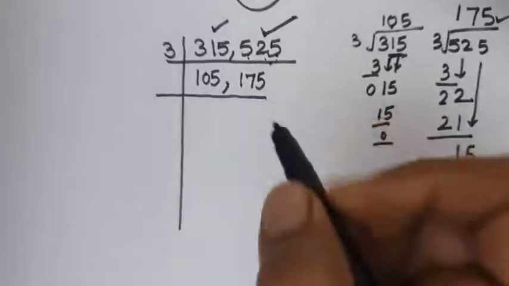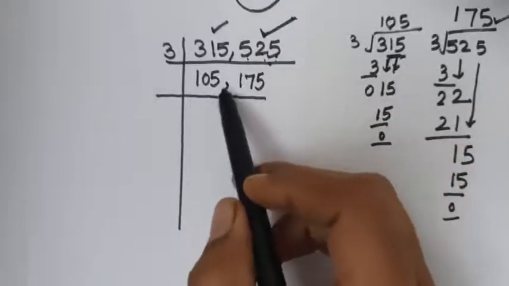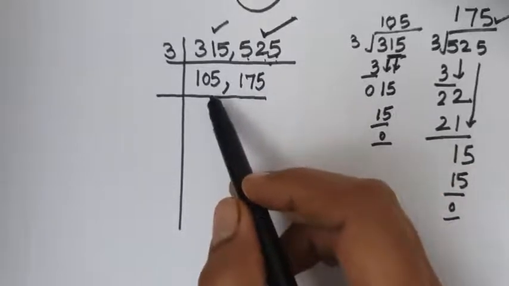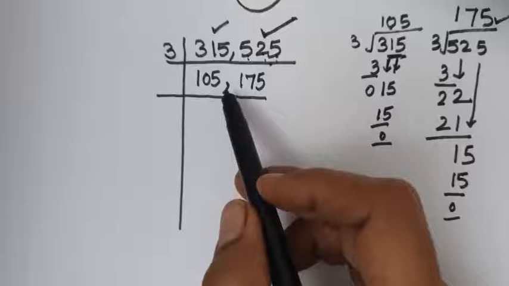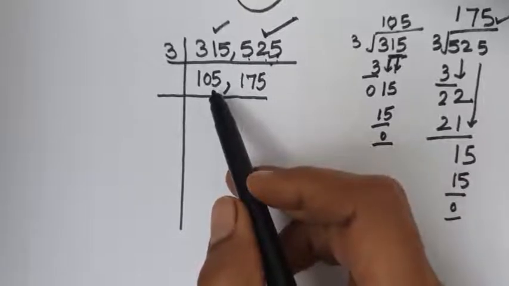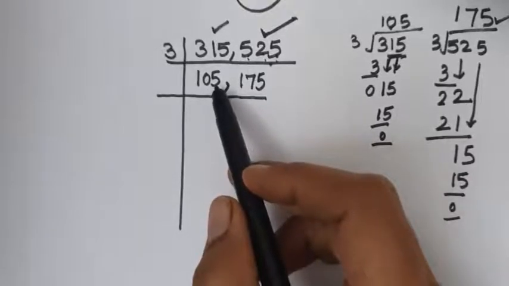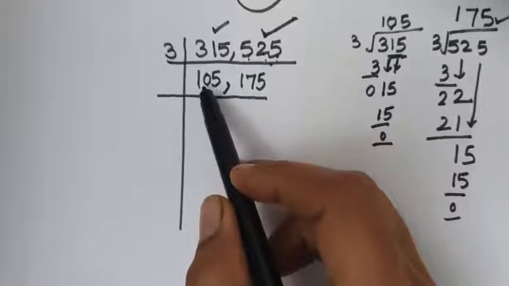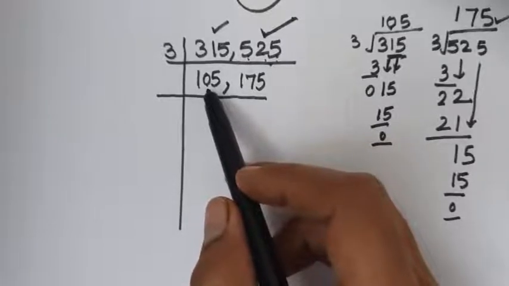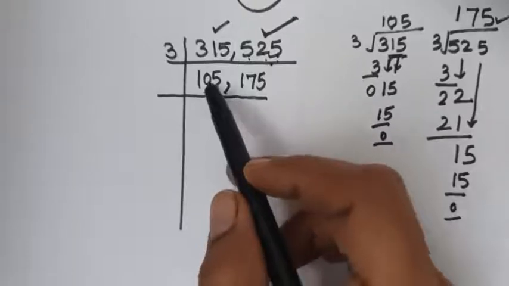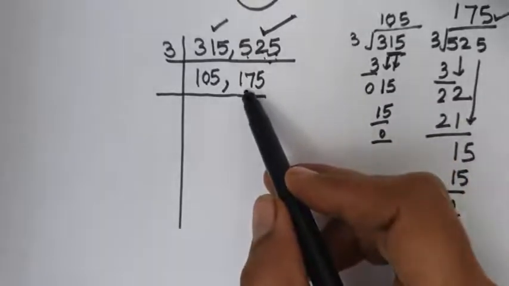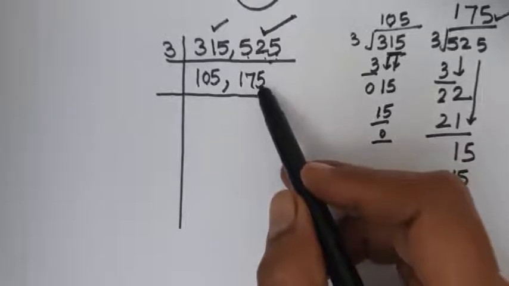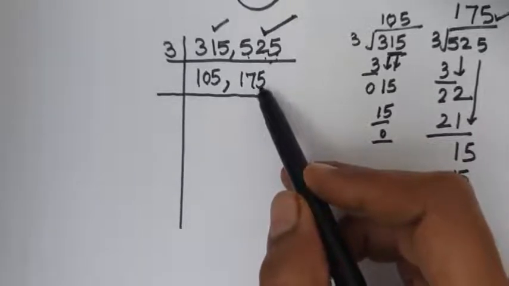Now, do these two numbers come in the table of 2? No. They come in the table of 3. Let us check. 5 plus 1, 6. 6 plus 0, 6. Yes, this is divisible by 3. Now this 175, 1 plus 7, 8. 8 plus 5, 13.